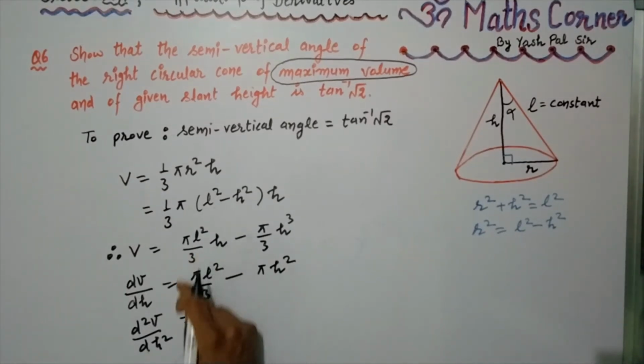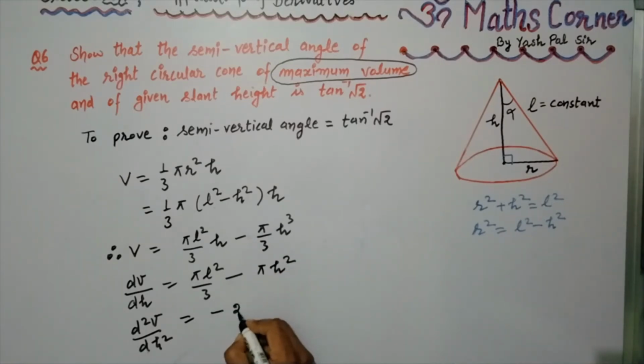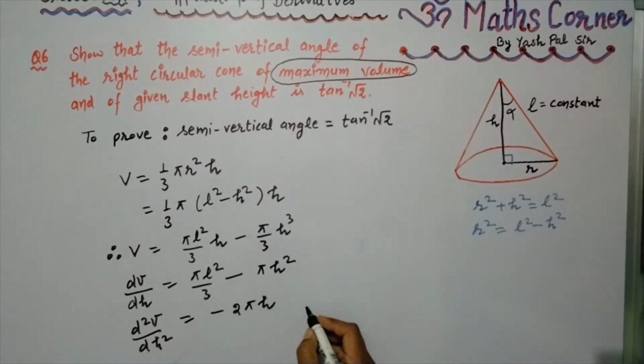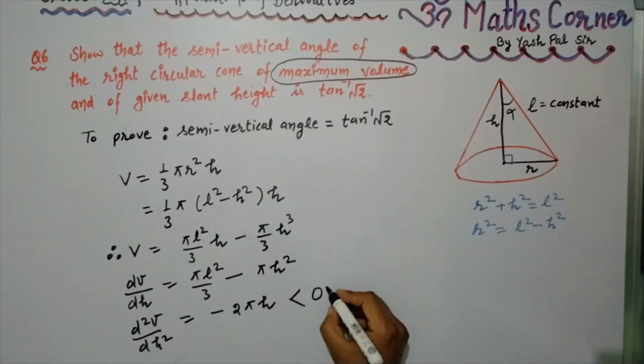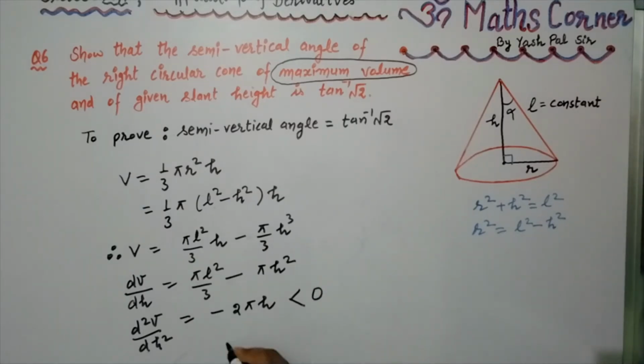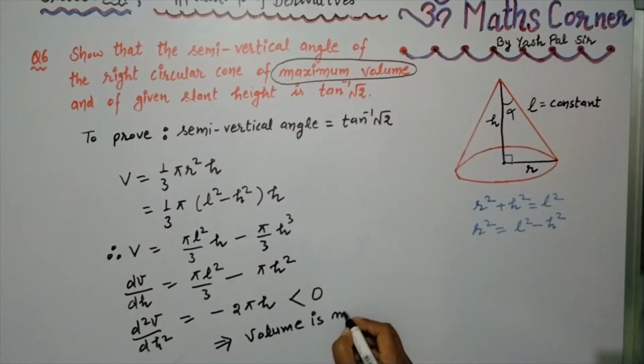Here we also find the second order derivative d square V upon dh square, which is equal to, this is constant so its derivative is 0, so here minus 2 pi h. H is a length, so this cannot be negative, so the second order derivative is less than 0.